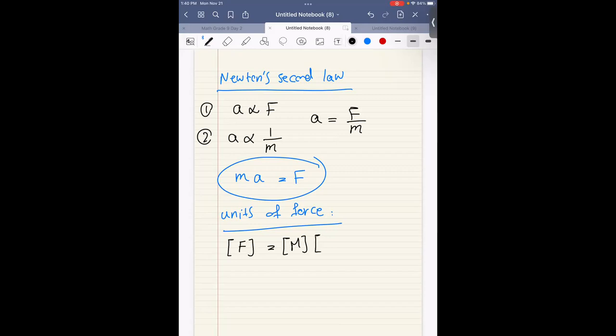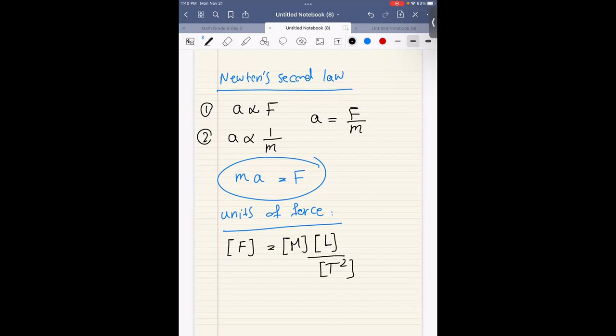It is meter over second squared, or for meter, which is length, I just put L over T squared. So the unit of force is mass times length over time squared.